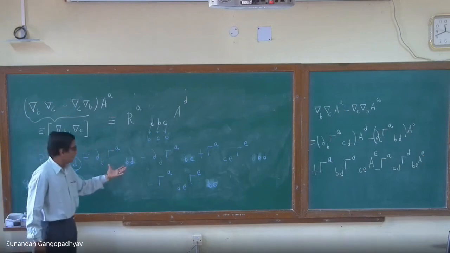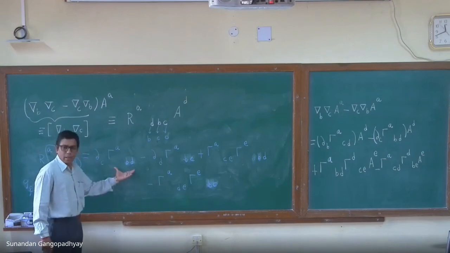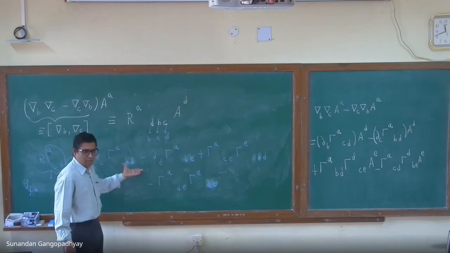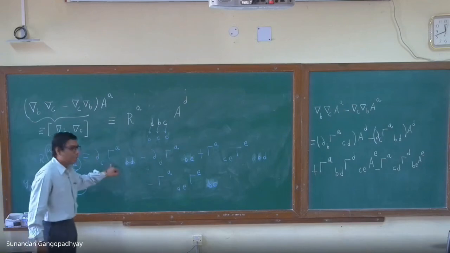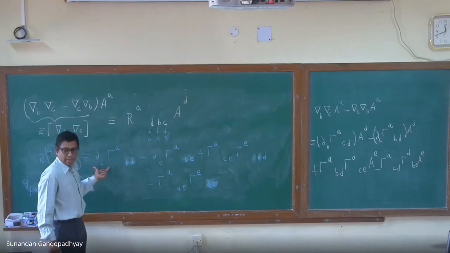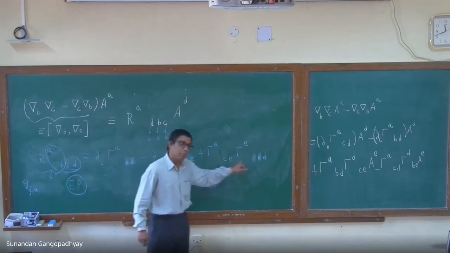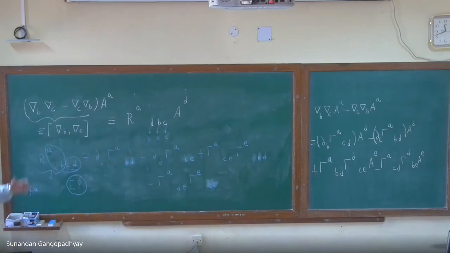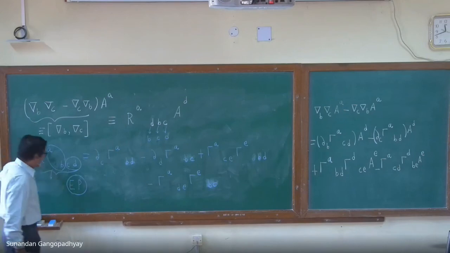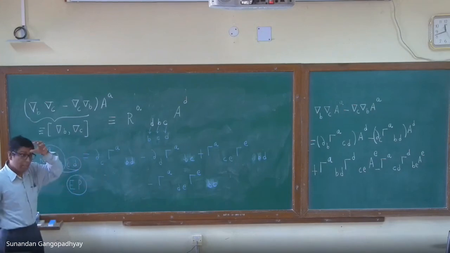To do that, you have to put the gamma in terms of G. Now the problem is that the formula is very big, because this is G, then derivative of G, then again a derivative acting outside. Same is for this term. And here there will be a product of two G's and products of derivatives of G's. Similar for this term. So it's a huge expression when you put all the gammas in terms of G. It's a very big expression for the Riemann curvature tensor in terms of the metric tensor.